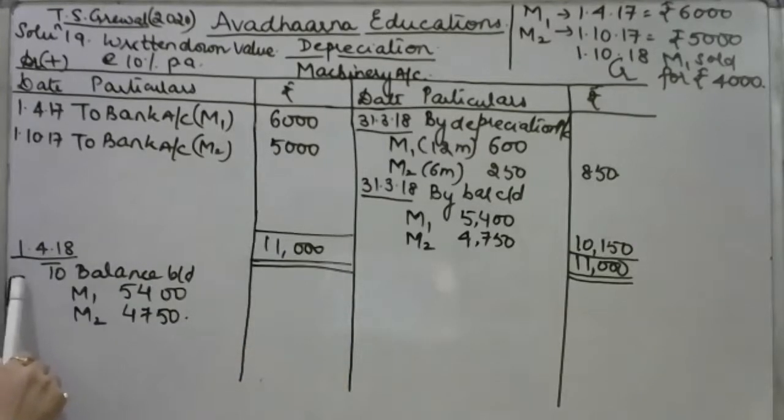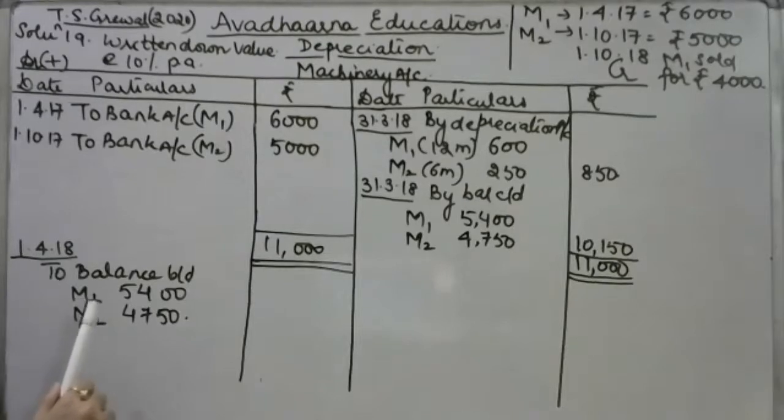So let us provide depreciation on first machinery for 6 months, because this first machinery is sold. It is sold on 1st of October 2018.